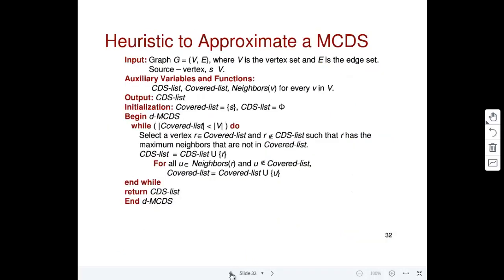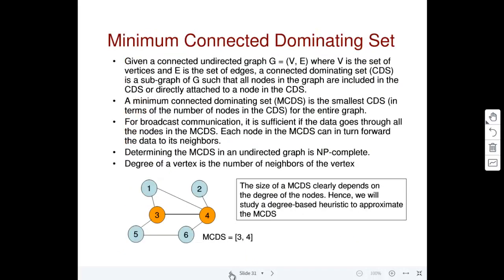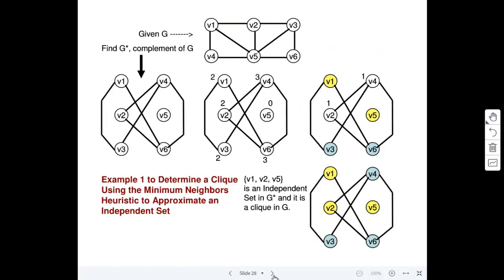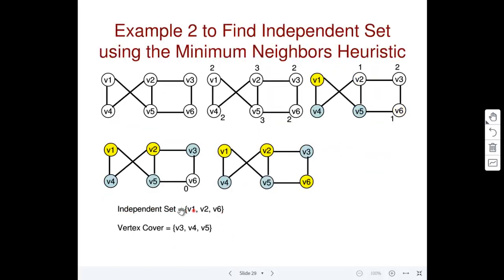if you look at the definition, they are different, right? So in the case of an independent set, the definition is a set of vertices such that there is no edge between any two vertices in that set. And the idea behind the minimum neighbors heuristic to determine a maximum independent set is that if you include a vertex in the independent set, it will exclude only a few other nodes from being part of the independent set.